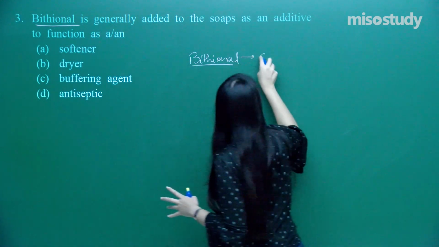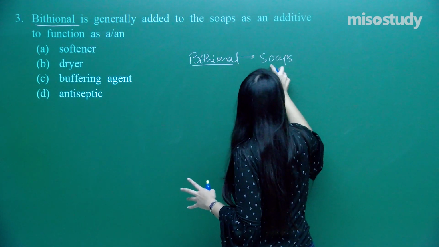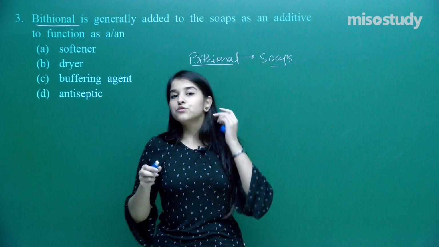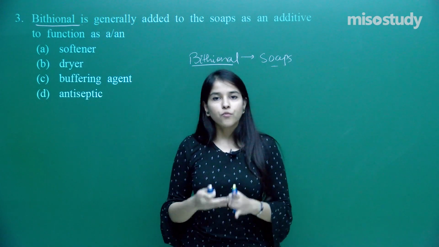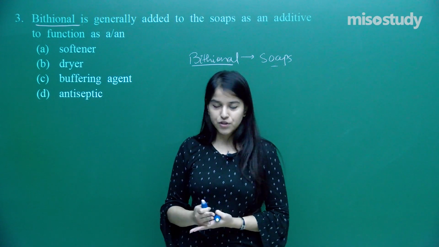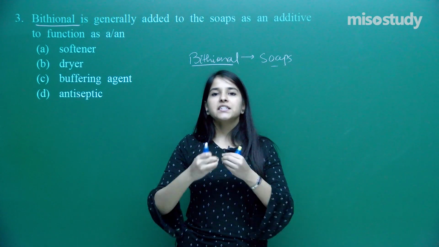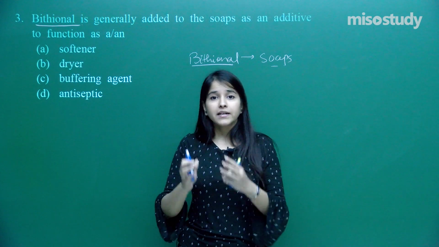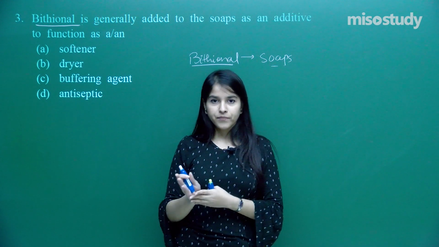It is added in soaps. Why? Because whenever we use soaps on our bodies, our body has a lot of bacteria on the surface. The bacteria actually eat the dead skin tissues and produce a bad odor.